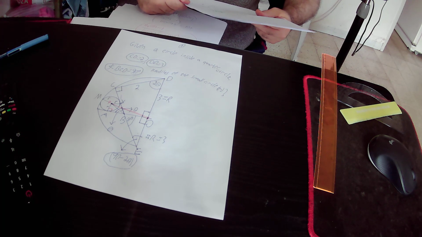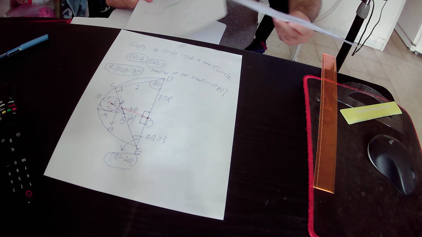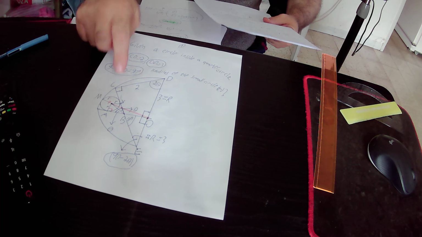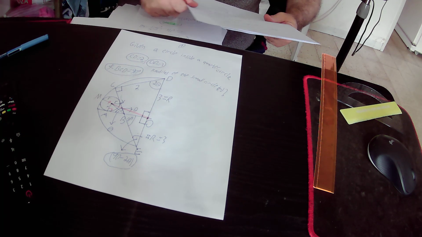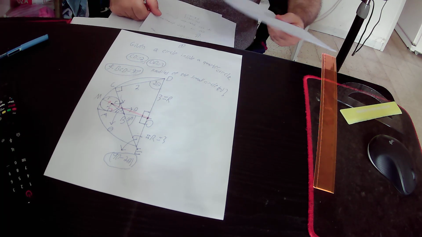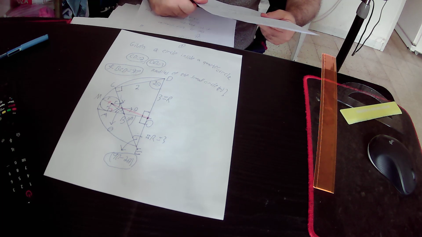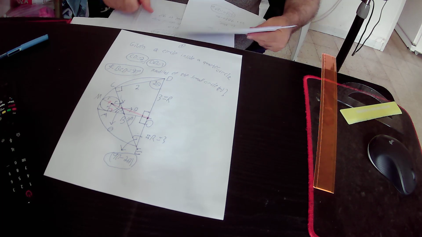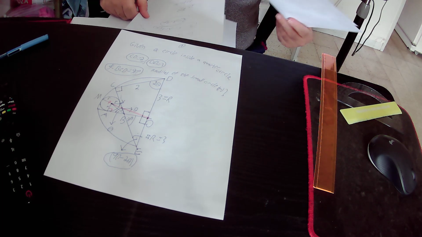So in order to find out the radius of this small circle, we must find out the value of AB and also the value of tangent theta. Okay?